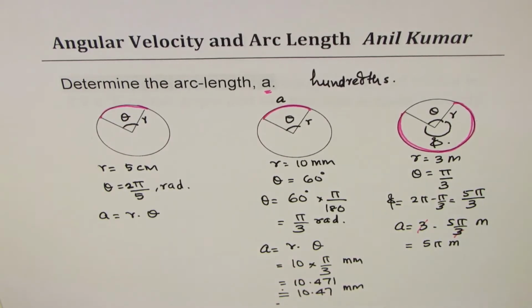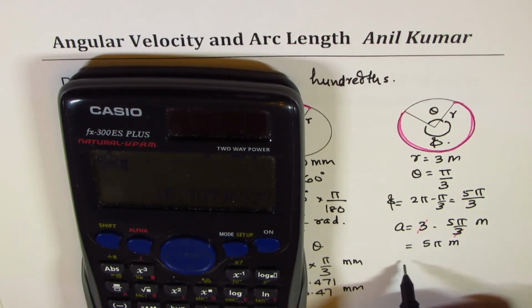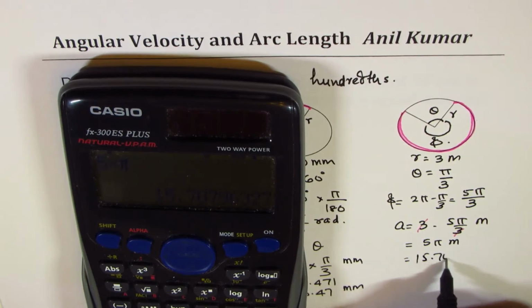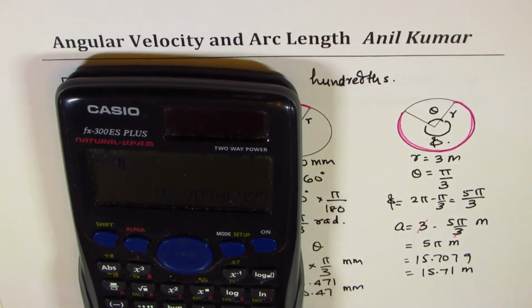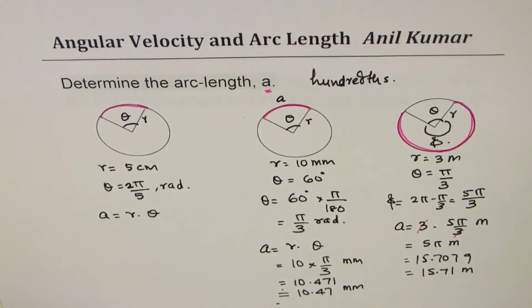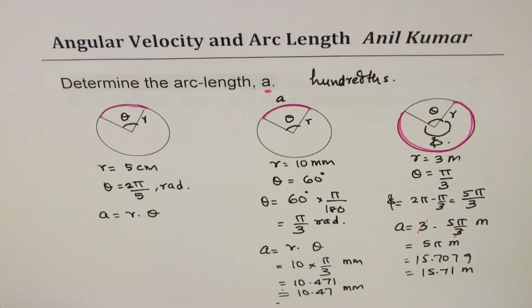And rounding to the hundredths place, we'll do 5 times pi equals, in decimals, 15.7079, which is 15.71 meters, correct? So I hope with these 3 questions, you are fairly comfortable finding arc length, angle theta or radius, when 2 are given and 1 is missing, right?